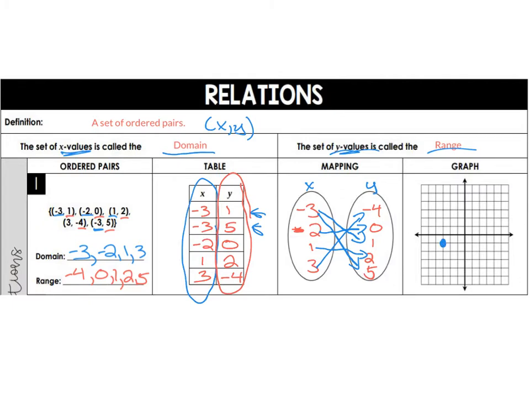We got -3, 1. If we want -2, 0. We want +1, 2, 3, -4, and -3, 5. Just going to be up here.